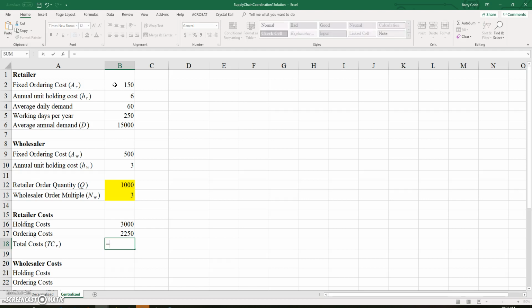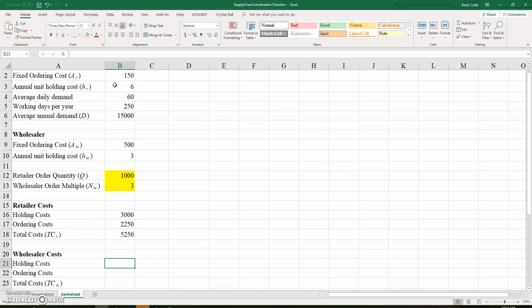The total costs then for the retailer are the holding cost plus the ordering cost. When examining the wholesaler cost, we keep in mind that the first retailer order quantity is ordered by the wholesaler from its upstream supplier and then passed directly on to the retailer.